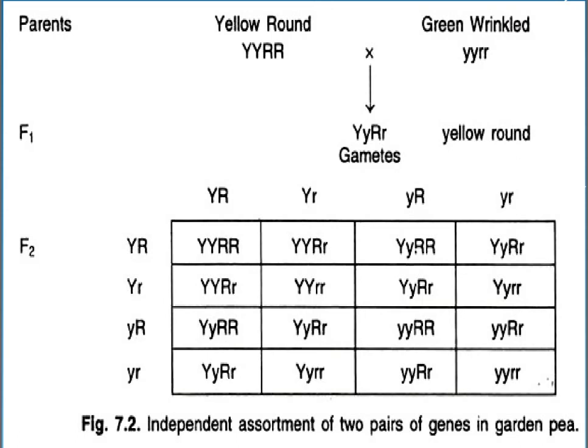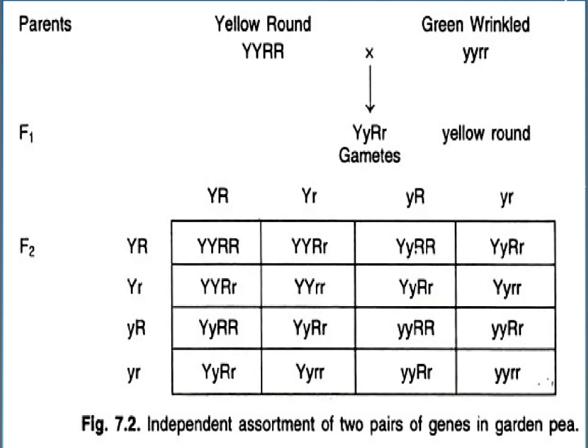Now, the F1 produces four types of gametes. You can see capital YR, capital Y small r, small y capital R, and small y small r. So in F1, four types of gametes are present, and when we do selfing of F1, it gives us a ratio of 9:3:3:1.